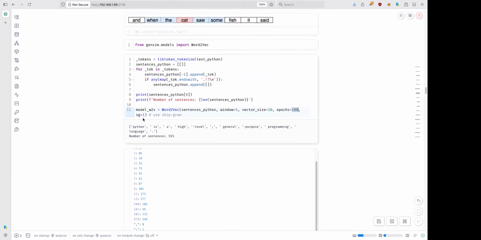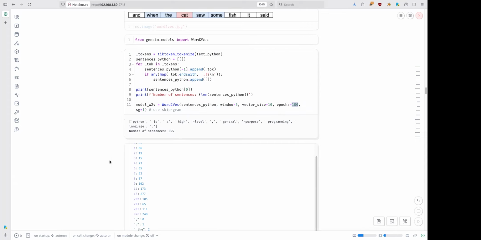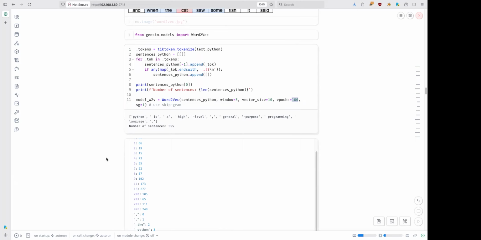This trains in like 2 seconds. It's really simple because we have only 500 sentences. It's really low, but it's just an example. In practice, you download the entire Wikipedia, which is gigabytes and gigabytes of text, and you train your word-to-vec on the entire Wikipedia.